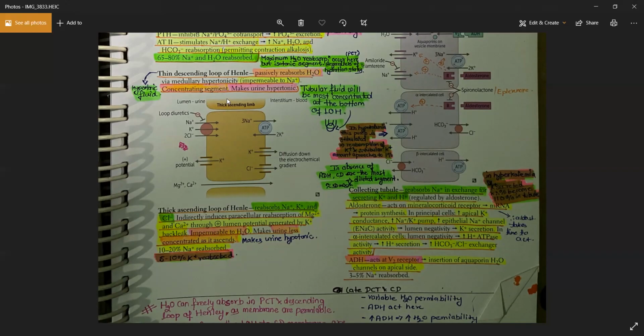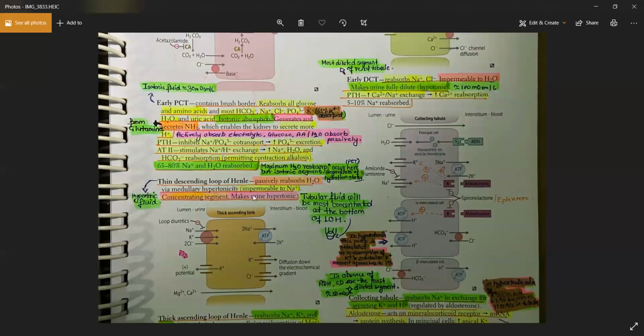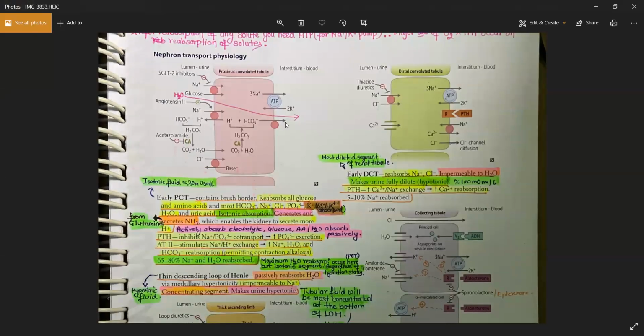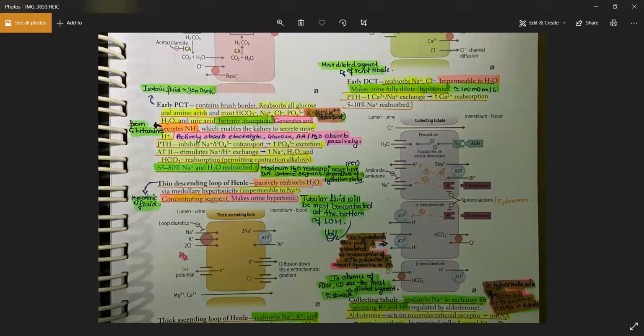So from here, every part of this nephron that has a transporter for water can reabsorb water through that portion, but not through the membrane alone. As you can see, in the descending loop of Henle and the PCT, water is freely reabsorbing without the need of any transporter. From there onward, water requires a transporter in order to get reabsorbed.